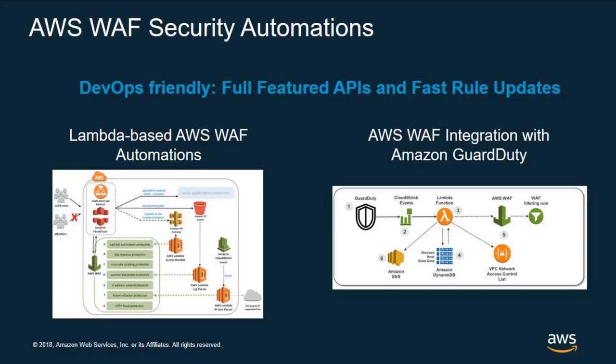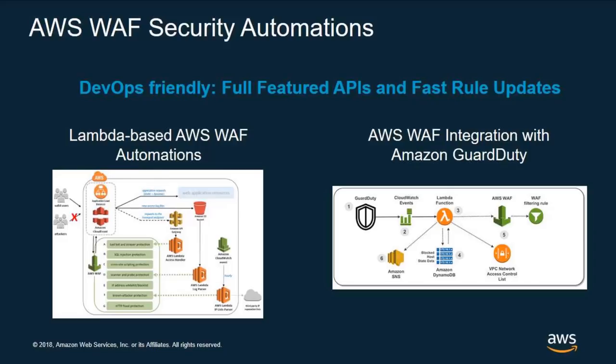You can use some of the Lambda-based automations that AWS WAF provides, which simply uses the logs from various AWS services like CloudFront and ALB, and uses Lambda to analyze those logs in real time and automatically add new WAF rules. So that's a really powerful way to implement security for your applications, as you can even protect against threats which are not detected by pre-configured signatures.